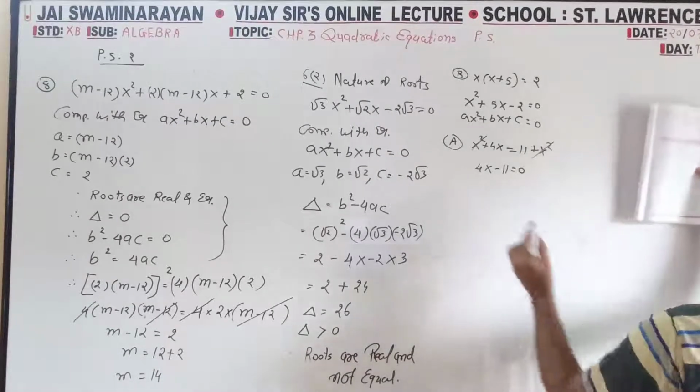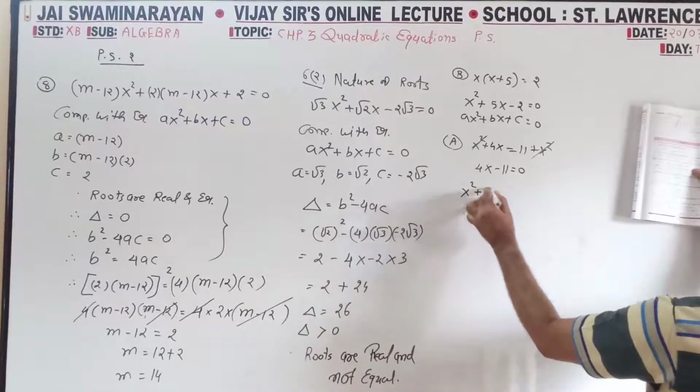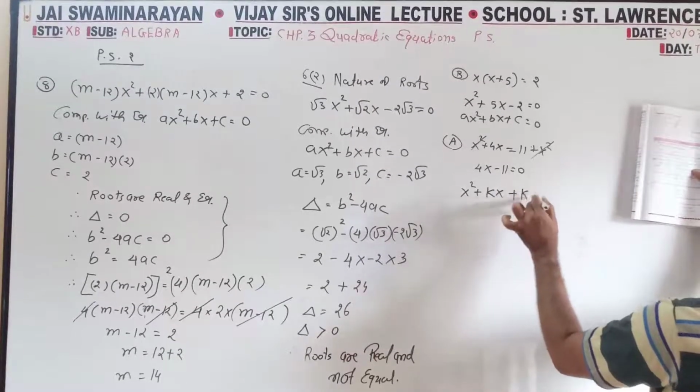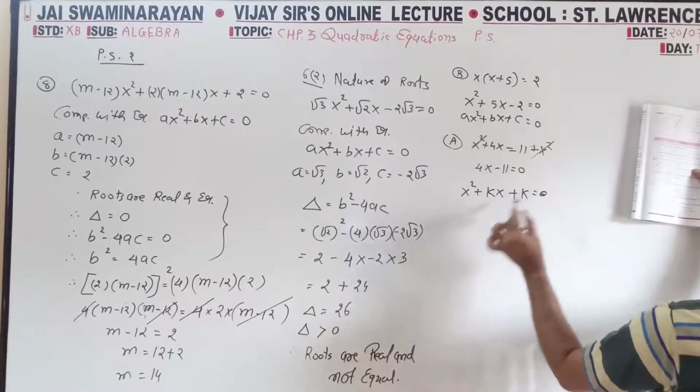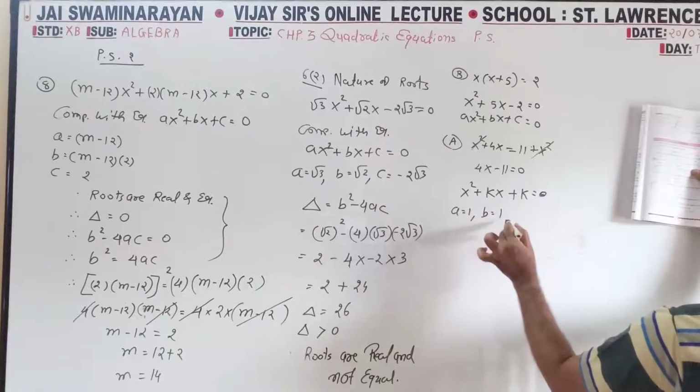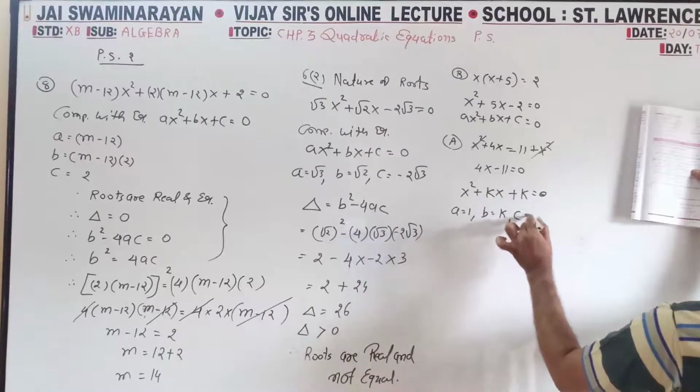Real and equal it is given. x square plus kx plus k is 0. So a is 1, b is k, c is k.